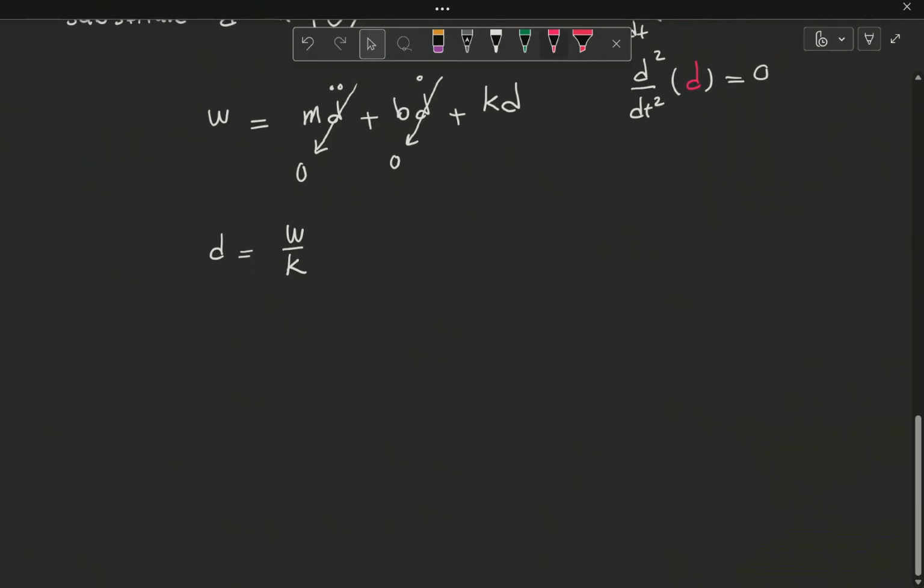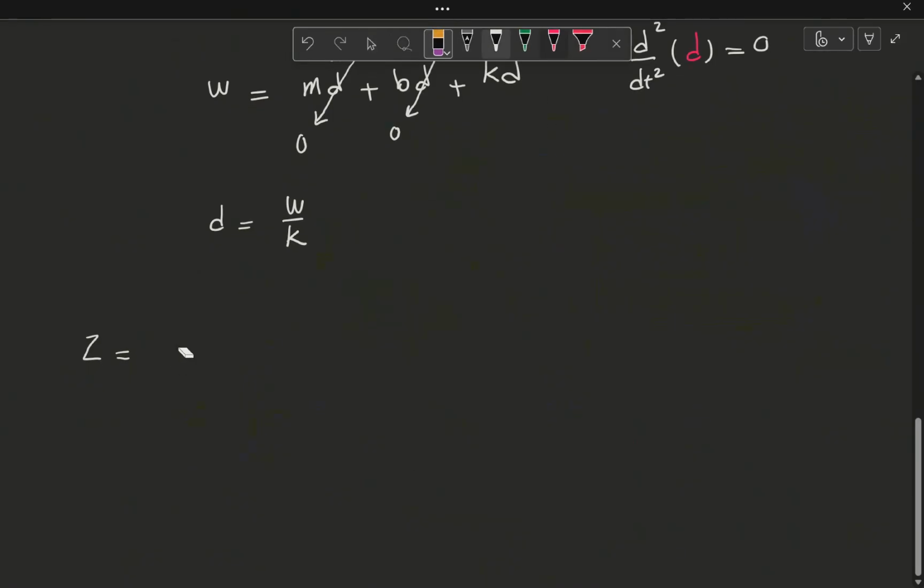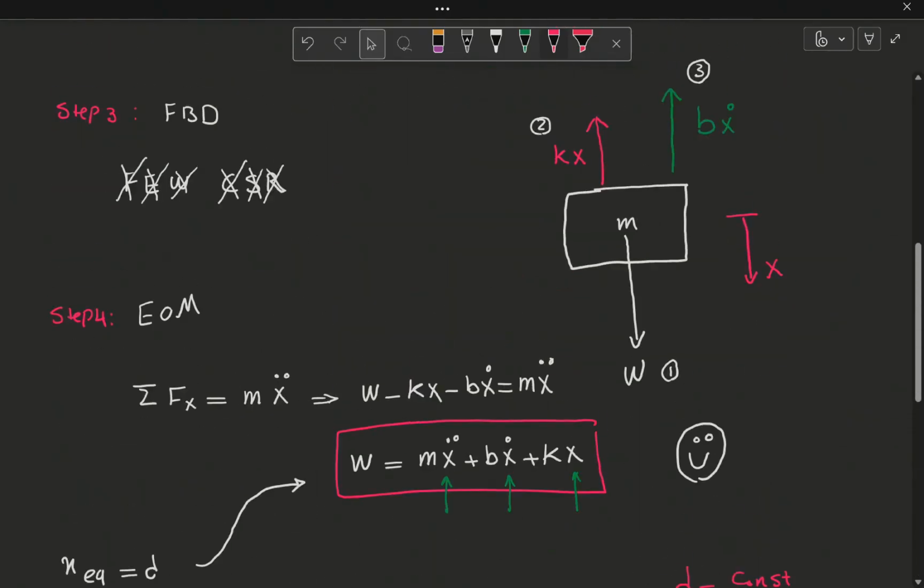From mathematics, if you remember, if you want to shift a coordinate system by the d value along the direction of positive x, then your second coordinate system, let's say it's z, is going to be x minus d. Yes? Okay, so what does it mean?